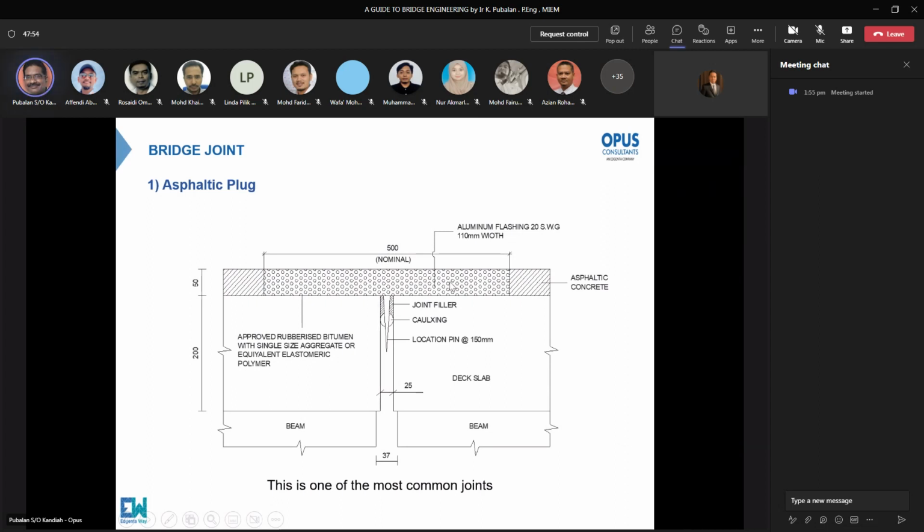So we must introduce something flexible on top of the joint gap. We can have mechanical, or we can also have rubberized bitumen. Asphaltic concrete is not as flexible as rubberized bitumen. Rubberized bitumen, you can basically pull it; it will have some elongation values.